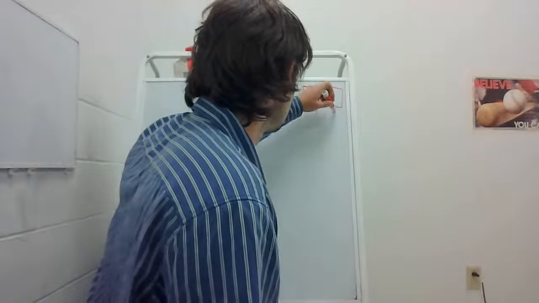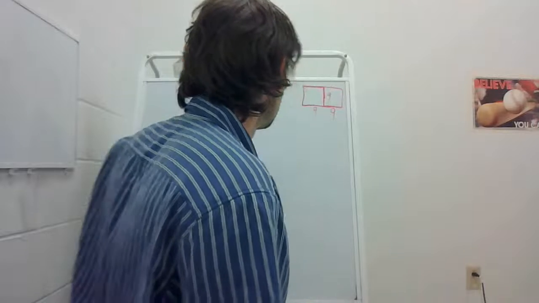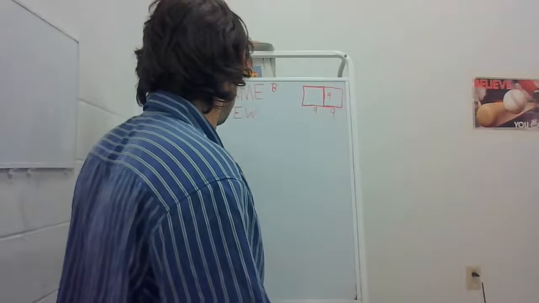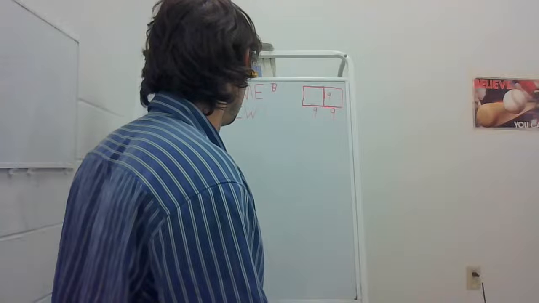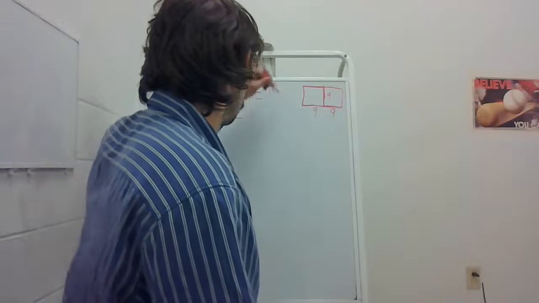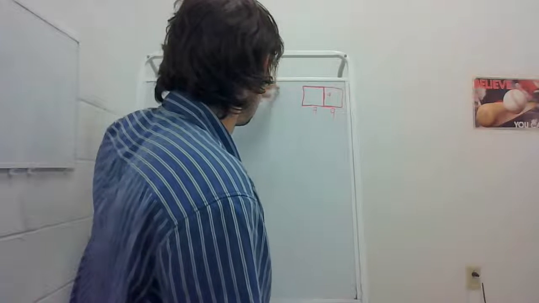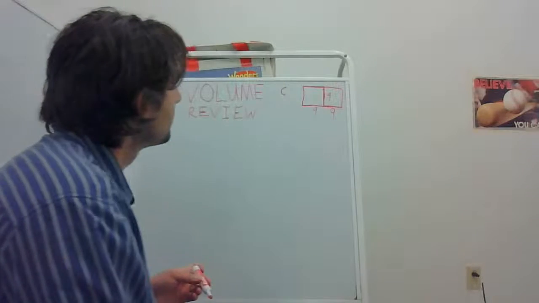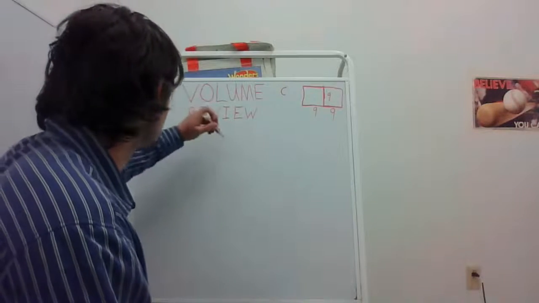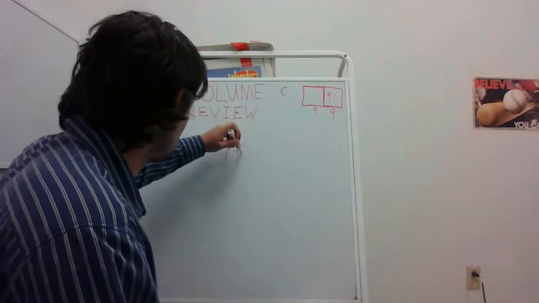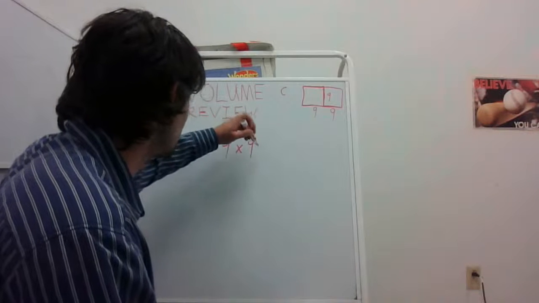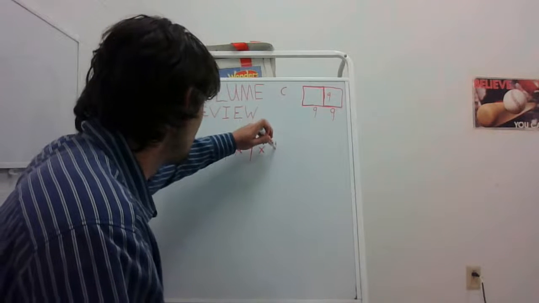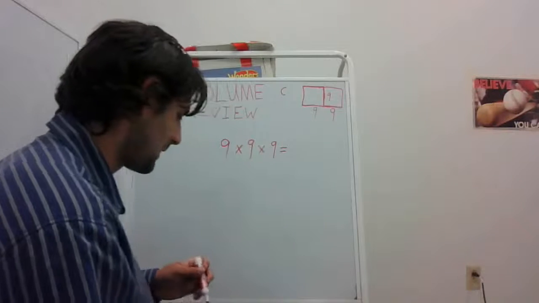So shape C over here, we'll call this shape C. The volume of shape C is 9 times 9 times 9, since the length is 9, the width is 9, and the height is 9. You've got to multiply 9 times 9 times 9.